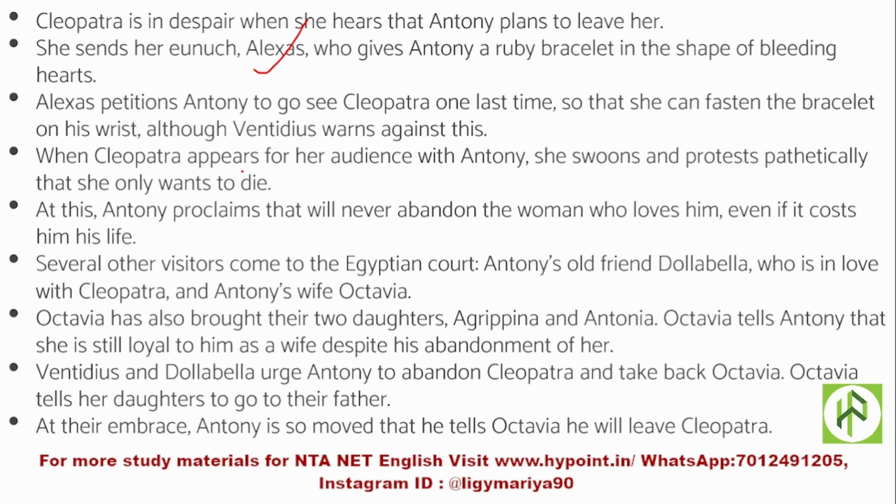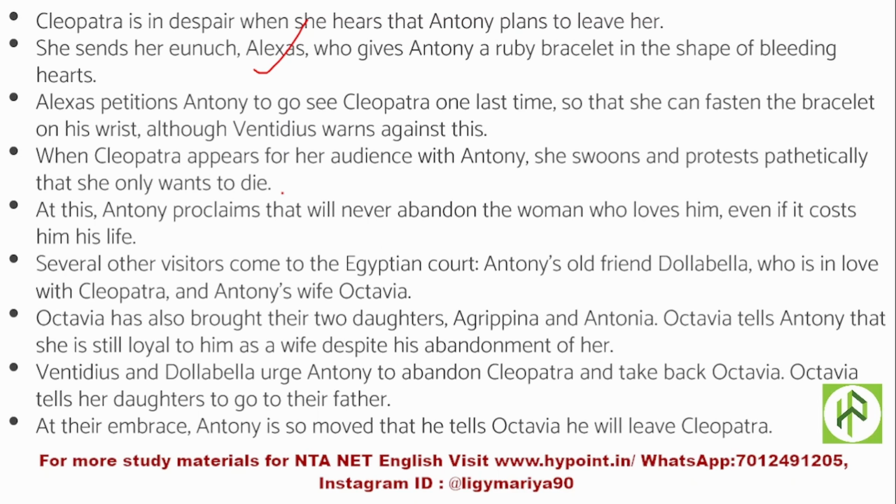When Cleopatra appears for her audience with Antony, she swoons and protests pathetically that she only wants to die. Cleopatra knows that he's going to leave her, so she wants to persuade him to be with her. So she swoons and protests pathetically that she wants to die because Antony is going to leave her, and she also feels that maybe he will return to his wife.